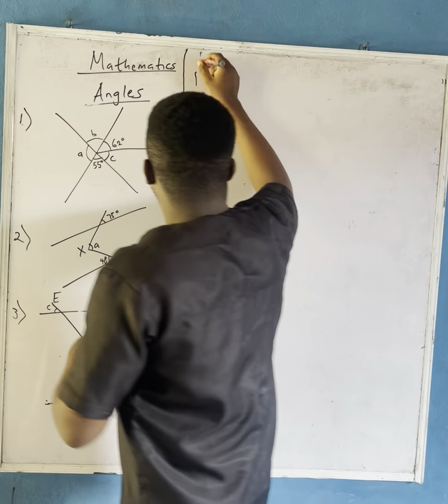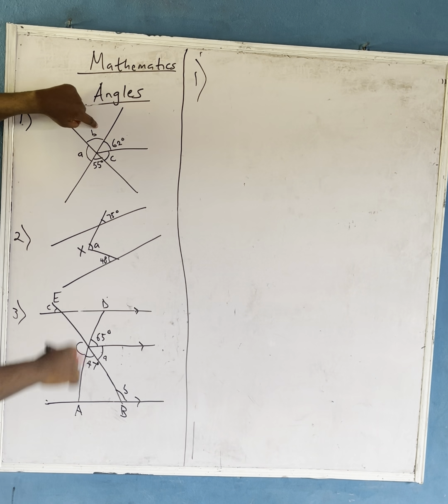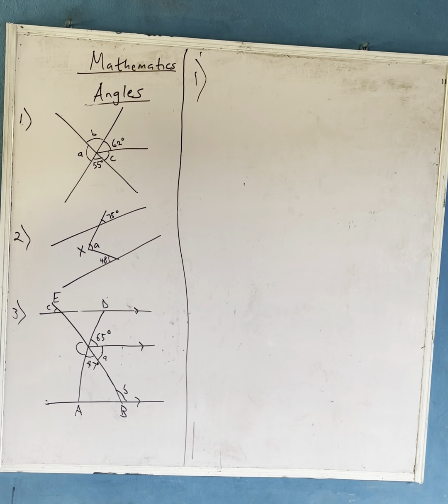So number one solution. The first thing that you can just see from this place is that angle B and 55 degree are vertically opposite angles, and vertically opposite angles are equal.